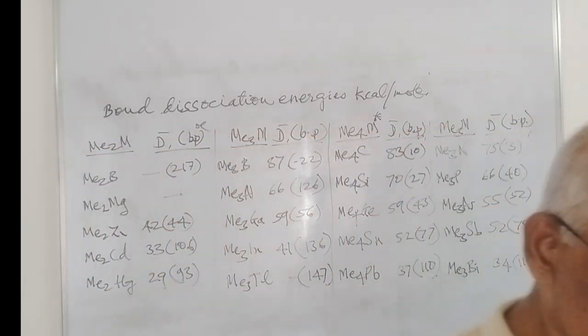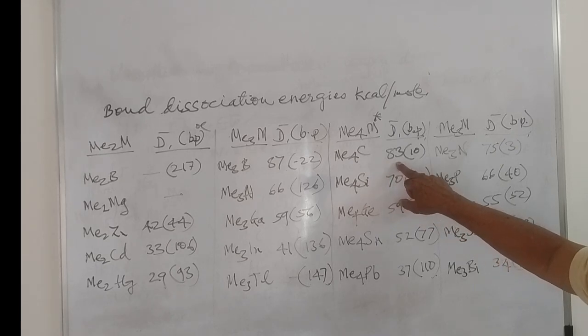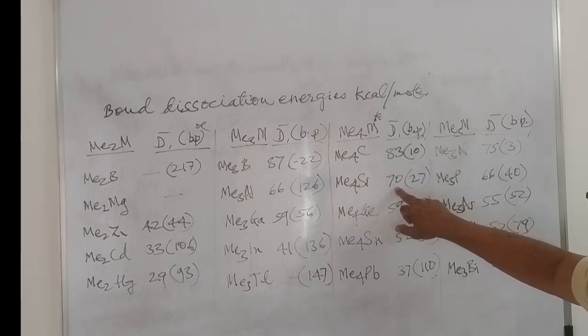So this is the data which explains about the strength of the metal carbon bond. You will find that the higher the value of bond dissociation energy, the stronger is the bond. In this case the strength is very high in Me4C and it goes on becoming less.